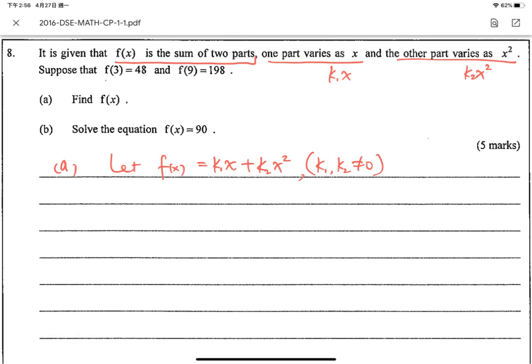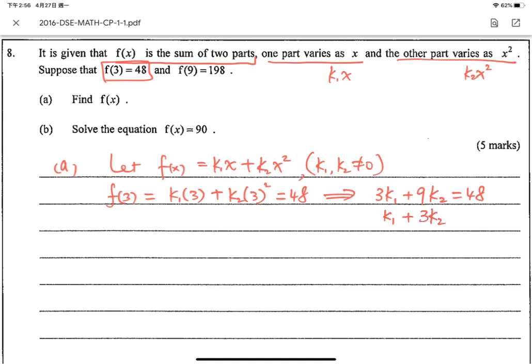Okay, so the first piece of information, f(3) equal to 48, when x equal to 3, so k1 times 3 plus k2 times 3 squared equal to 48. This can be simplified as 3k1 plus 9k2 equal to 48, and can be divided by 3. So 3k1 divided by 3 is k1, 9k2 divided by 3 is 3k2, 48 divided by 3 is 16. So this is equation 1.